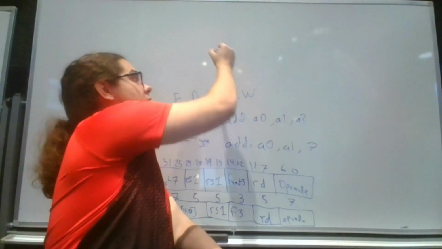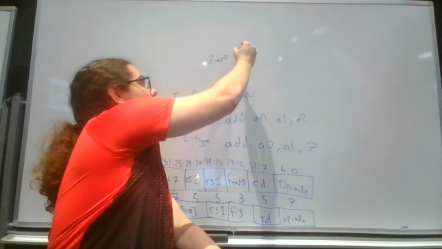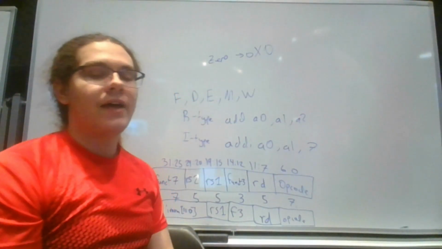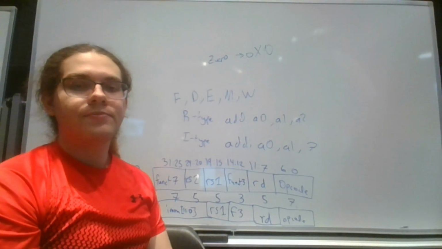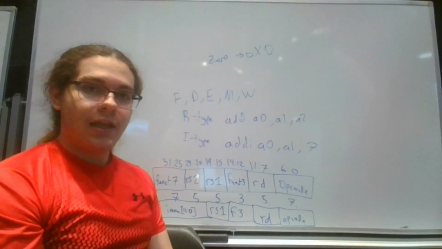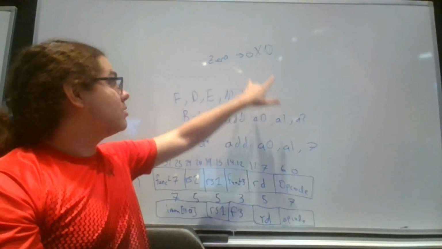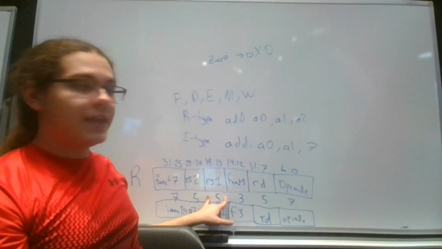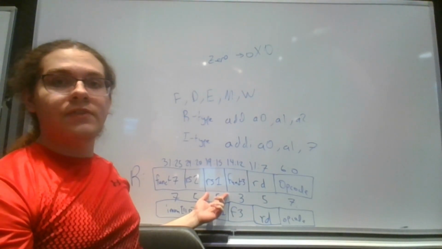So the 0 register is associated with the value hex 0. So the actual encoding, if you used the 0 register as a source register, for example, in the encoding, all of these bits would be zeros.